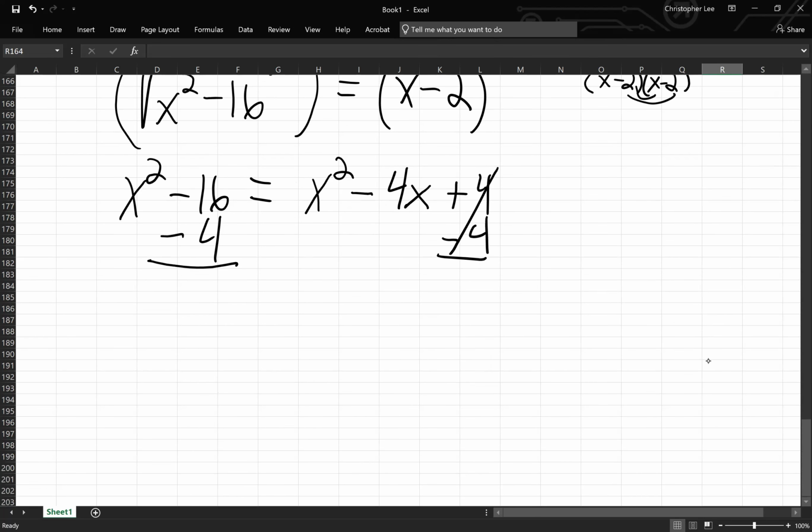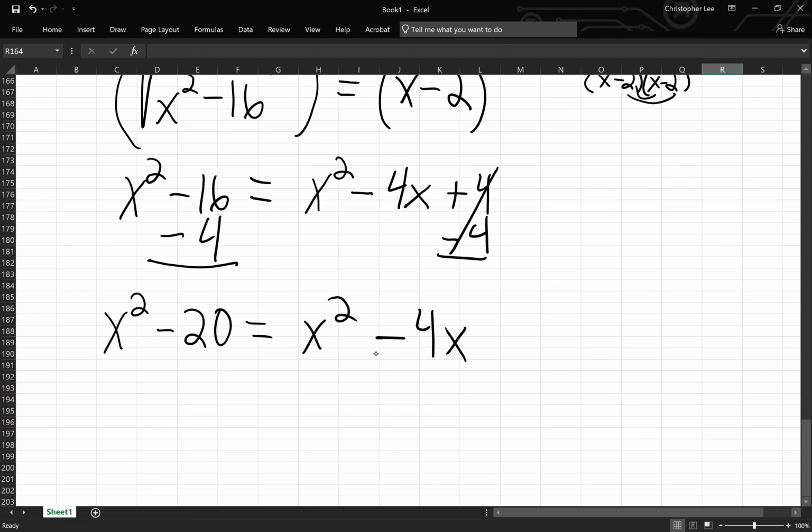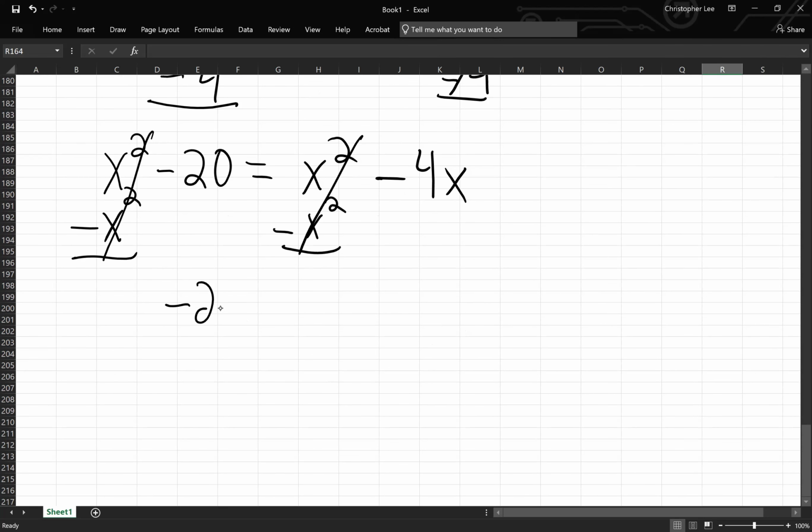Minus 20 equals x squared minus 4x. I'm going to subtract x squared from here, but what I do to one side, I have to do to the other. All right, what's next?